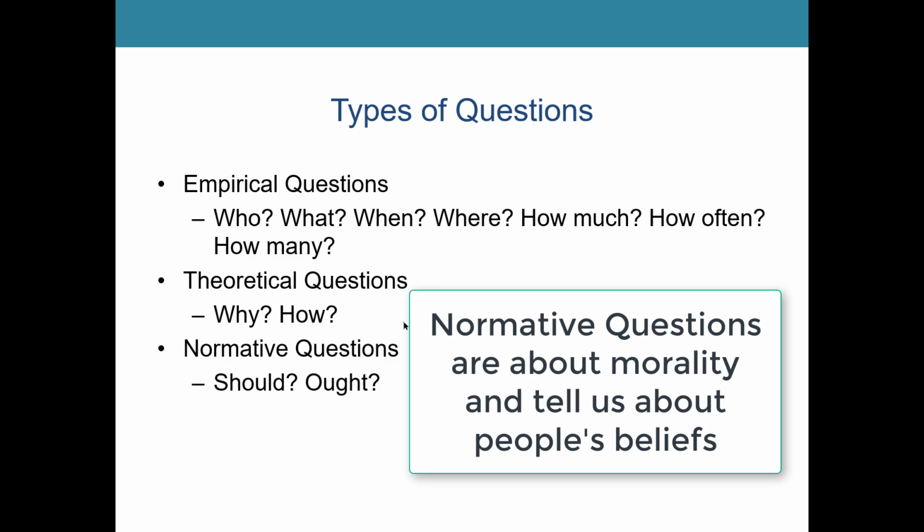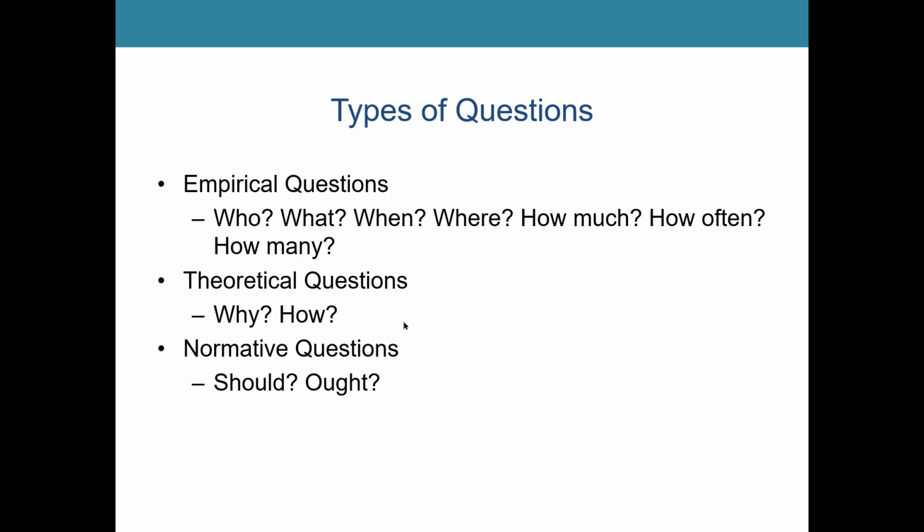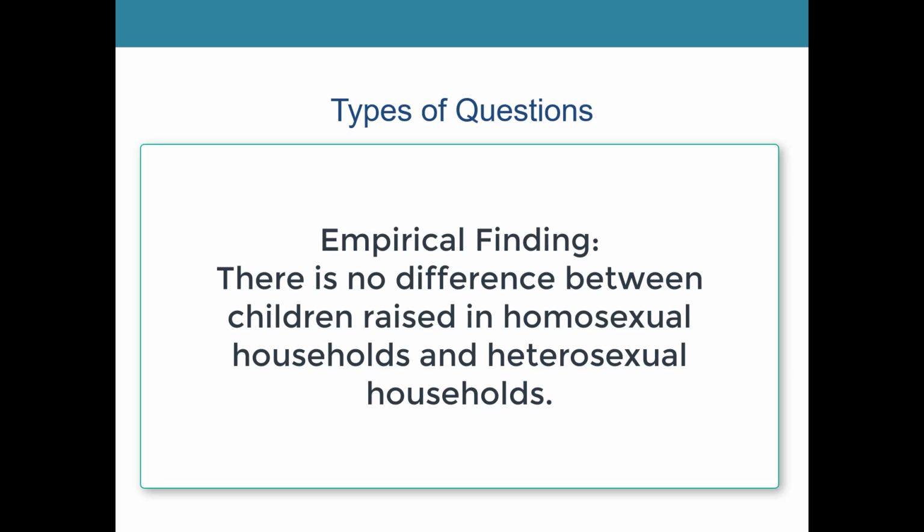And in general, scientists don't ask normative questions. Science doesn't try to give a definitive answer to normative questions. You're never going to see a scientist say, we've used science, and homosexuals should be able to adopt children. They're not going to do that. They might say that children who grow up in homosexual households show no difference from children who grow up in heterosexual households.